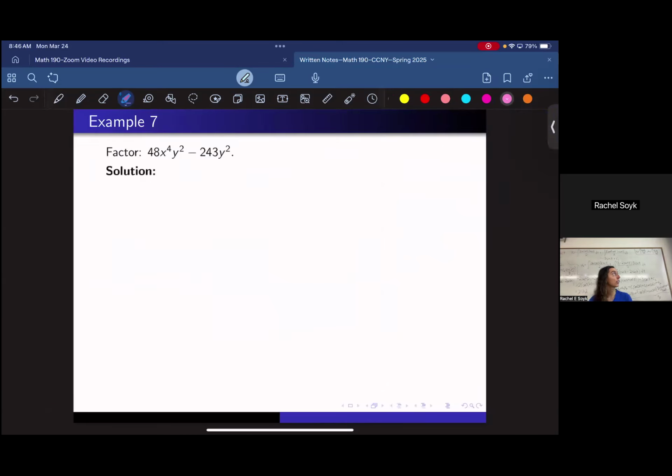So now we're looking at 48x to the fourth y squared minus 243y squared. Is there a GCF? Out of 48 and 243, they're both divisible by what number?